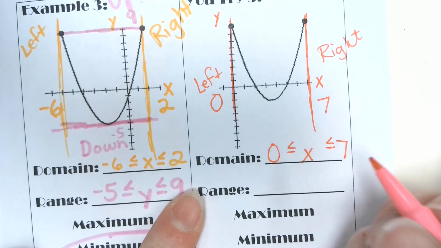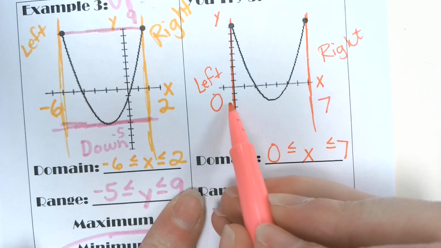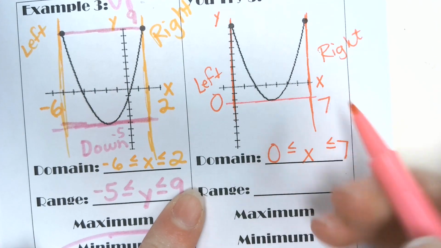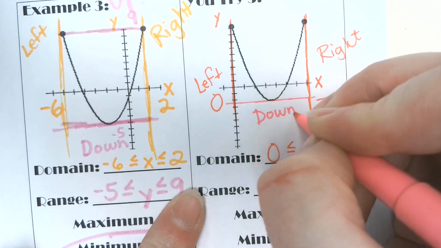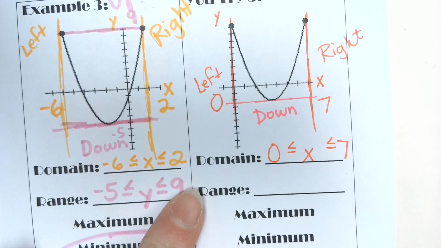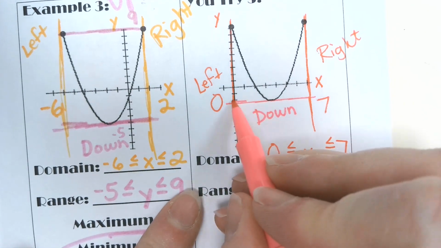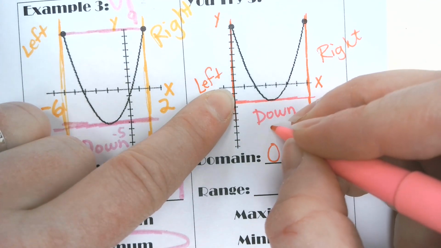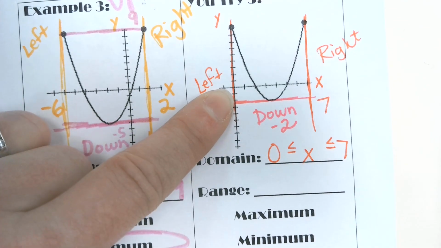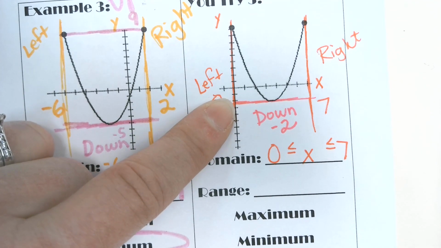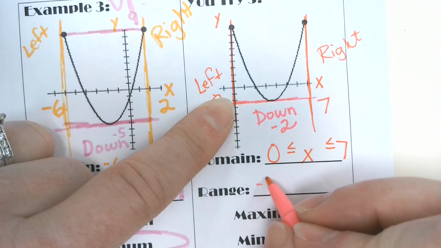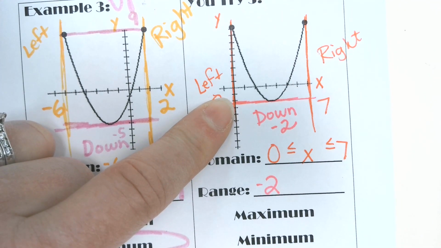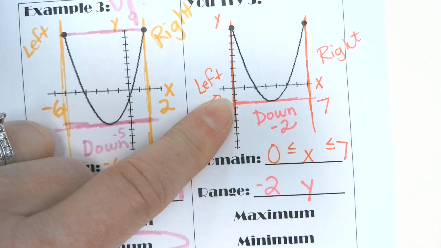Let's do the range. The range is our y, so we look how far down does it go. We're going to estimate that. What would that estimate to be? -2. It goes down to -2. So that would be our first number we write. Then we write our y.